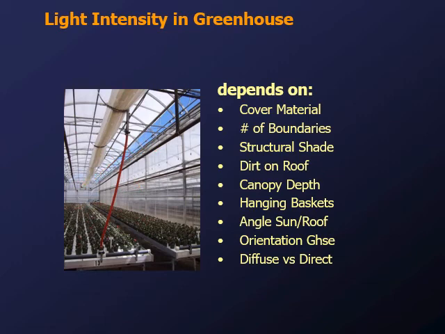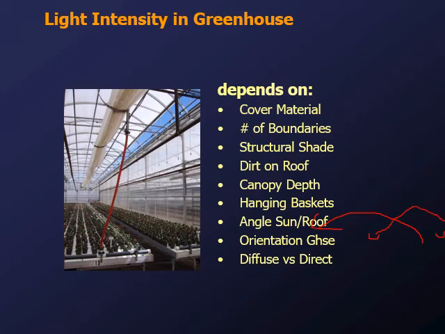Of course, the angle of the sun and the orientation of the greenhouse: do you run a greenhouse north-south or east-west? Typically, we run it north-south so that the sun arcs across the gutters. The reason being that if this is my gutter, I'll draw a picture of a gutter here. Right, there's my gutter in the greenhouse, a peak, and then there's another gutter.